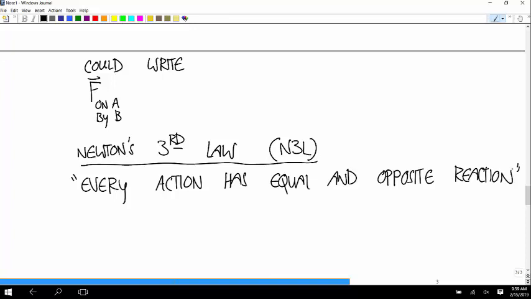But mathematically, the way we're going to do it is really easy to interpret. The way we are going to interpret this is just the force on A by B is equal to negative force on B by A. So if you switch the subscripts, you flip the sign. And that means flipping the sign of both of the components, or all the components.